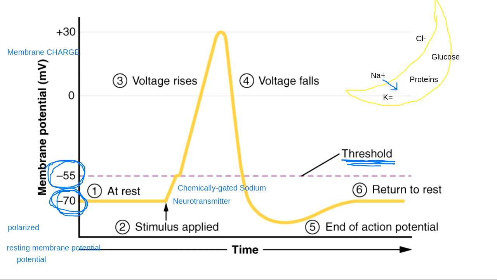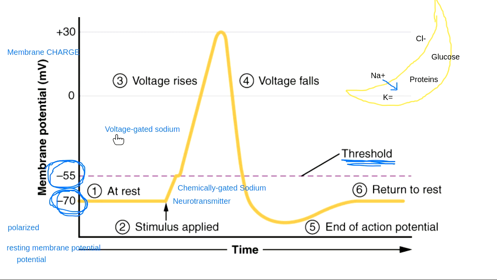We are still talking about sodium channels, but now we're talking about the voltage gated ones. When we hit threshold, when I'm at -55, I'm far enough away from -70 that my proteins that are all about the charge are going to open up.